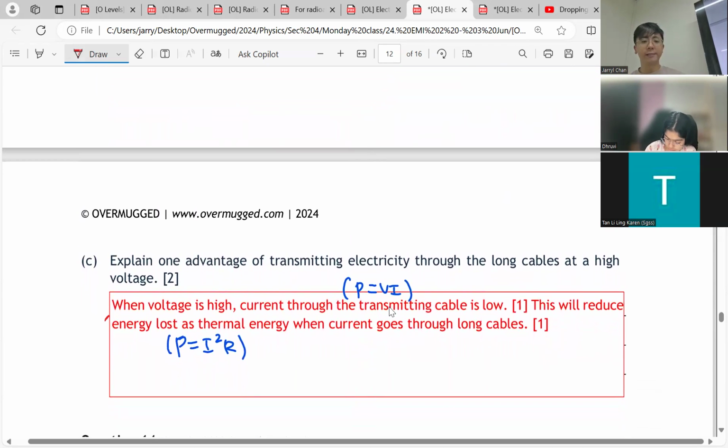Let's change the phrasing from this paper: this will reduce the energy transferred to the internal store of the surroundings.